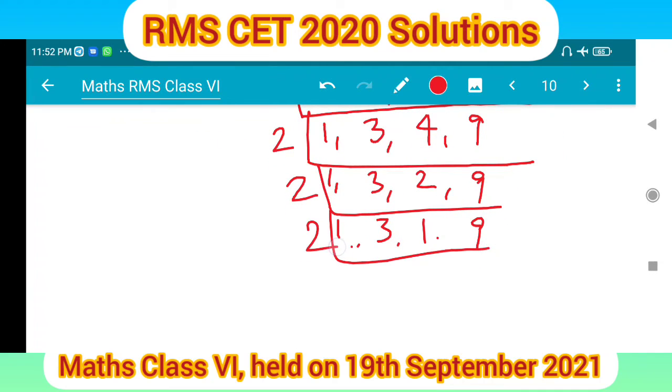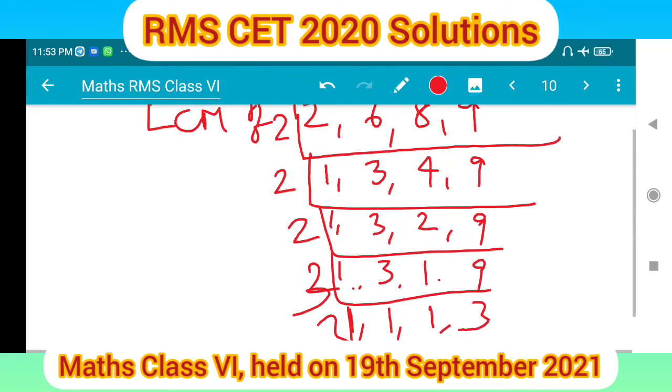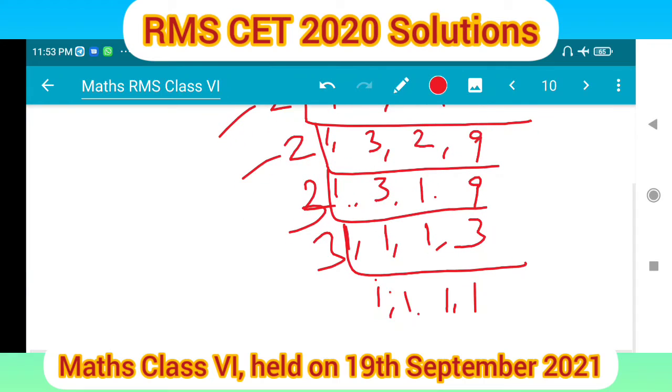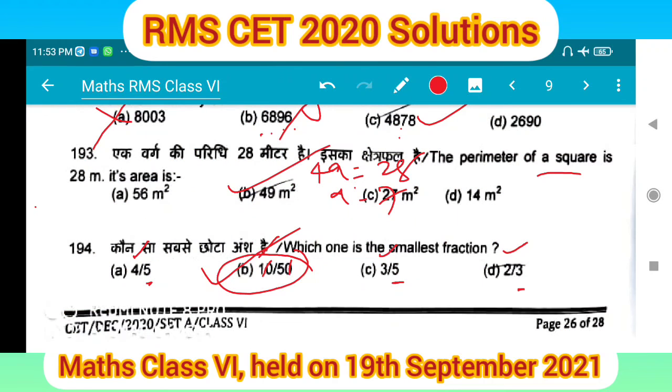Next for 3. 3 ones are 3, the 3 as it is put, 3 threes are 9, and again 1. 3 ones are 3, right? So the LCM is 2 twos are 4, 4 twos are 8, 8 threes are 24, 24 threes are 72. So the LCM is 72, right?